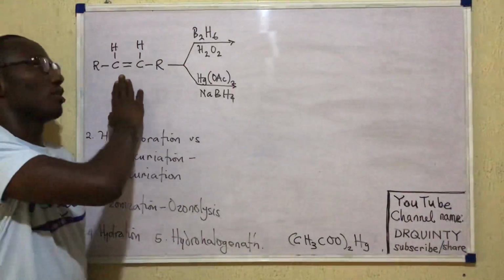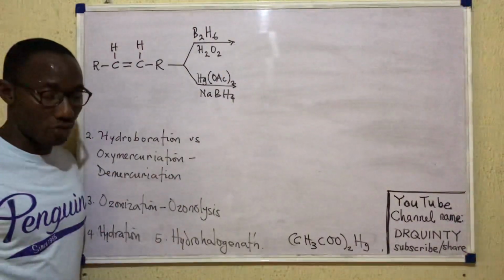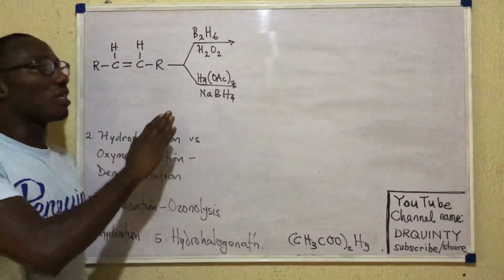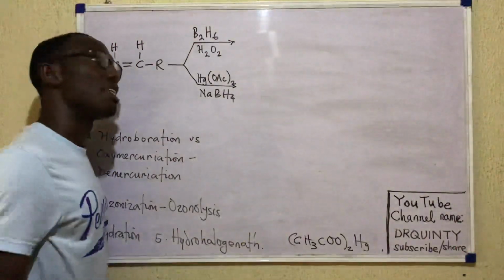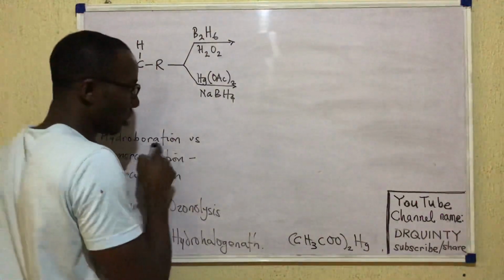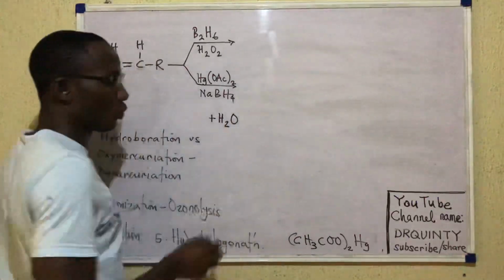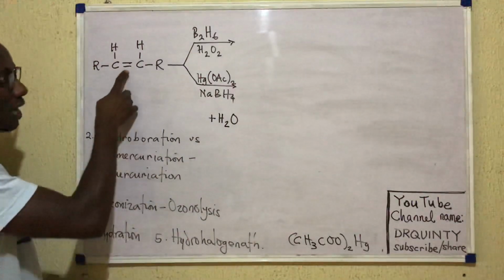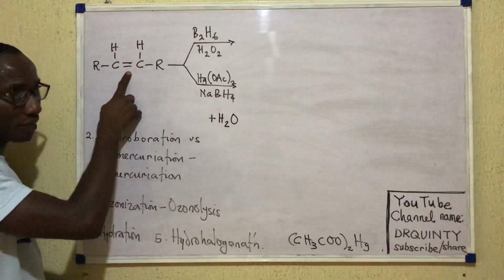Whether an alkene undergoes hydroboration or it undergoes oxymercuriation, the alkene will become an alcohol. Which means, in effect, whether hydroboration or oxymercuriation, what we are adding to the alkene is just H2O. So once H2O is added to this alkene, of course, it becomes an alcohol.